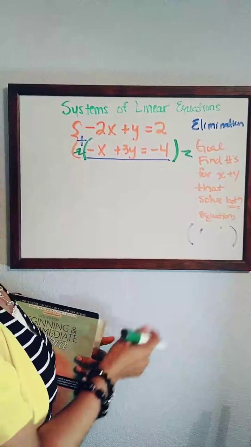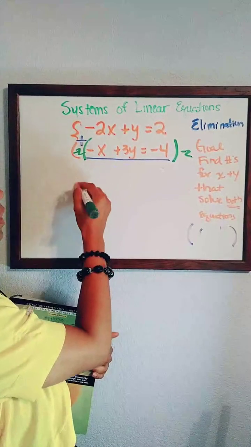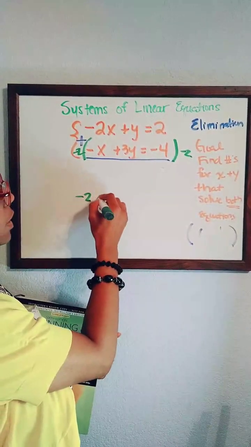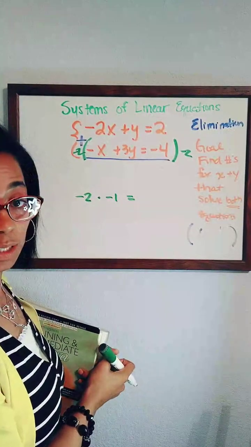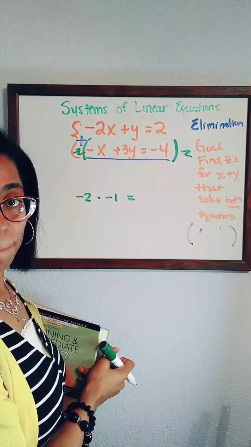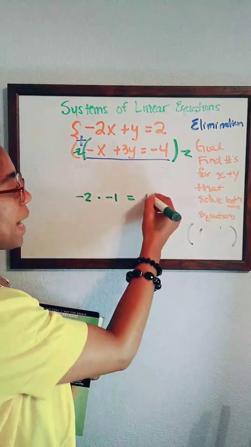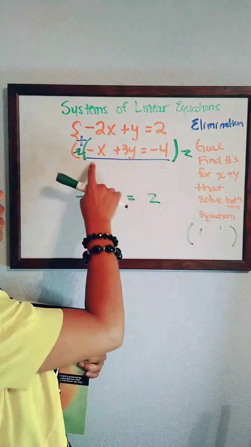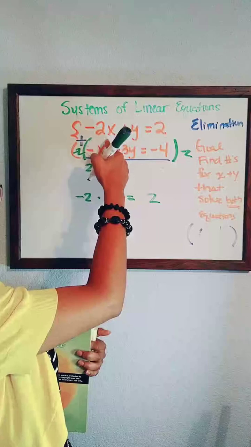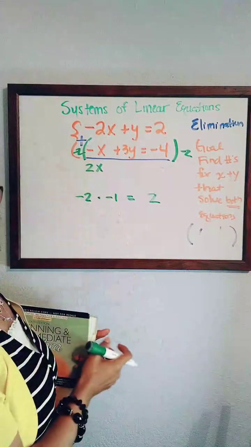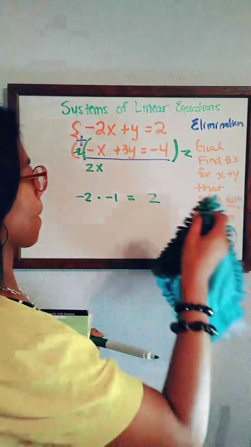So, we're going to multiply this by -2 because what's -2 times -1 equal? A +2. And if I make this a positive 2x, when I add -2x and positive 2x, what does that equal?